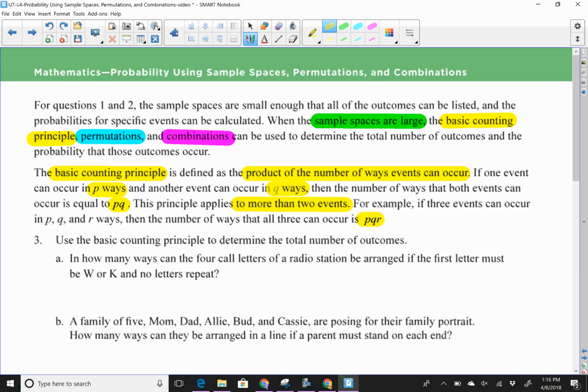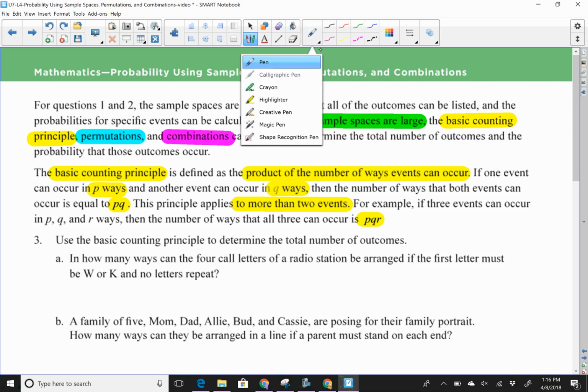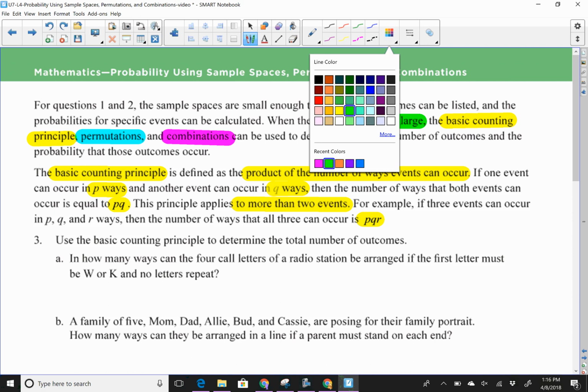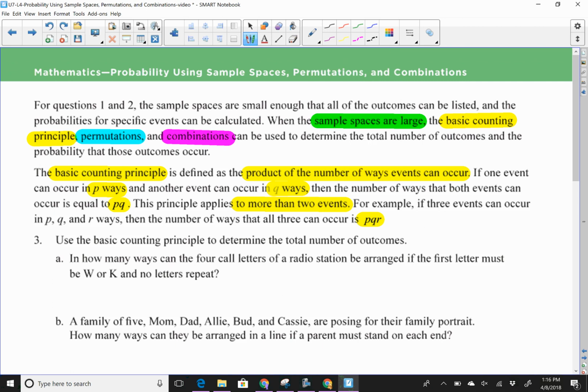So an example is this first one. In how many ways can the 4 call letters of a radio station be arranged if the first letter must be a W or K and no letters repeat? So what you're figuring out is similar to the shirts and the pants.